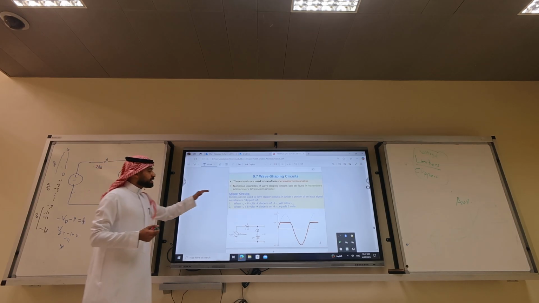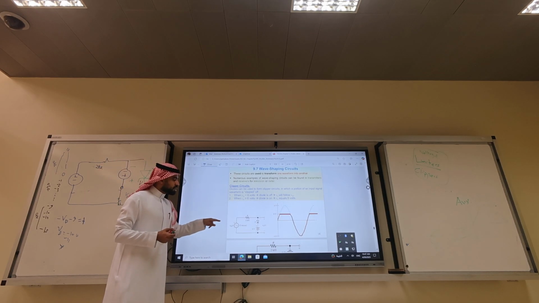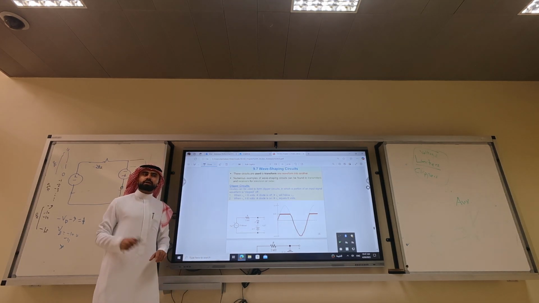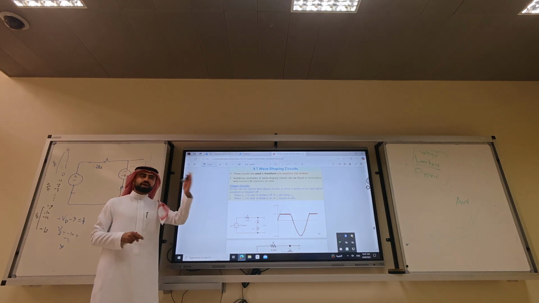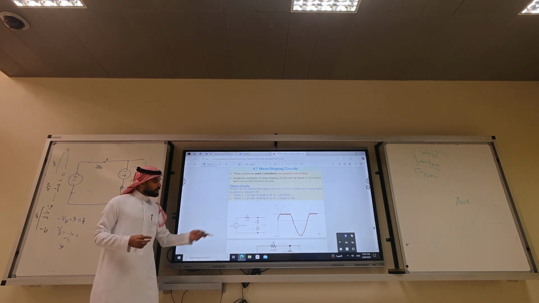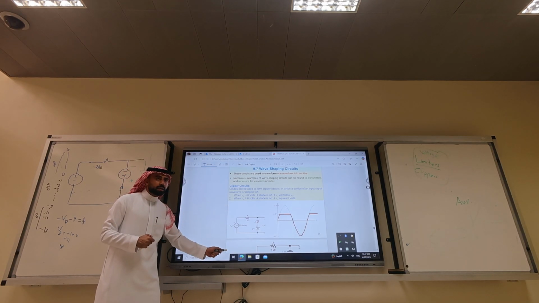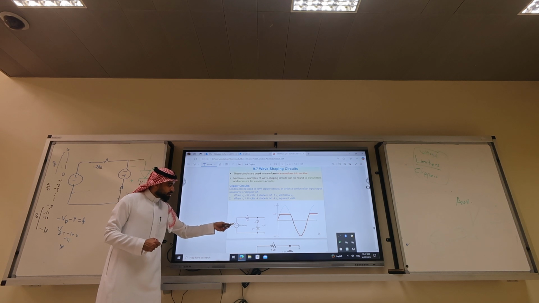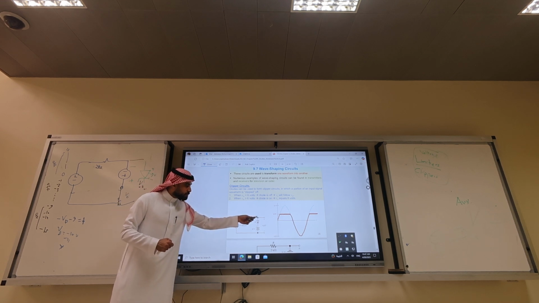We started with clipper circuits, and we said for this circuit the way to solve it is not to solve it like what we're going to do in the quiz. Assume a diode and then solve for the circuit. You have to consider all the possible inputs from minus 15 to plus 15. So you can start from 0. If this is 0, this will be positive, this will be more negative.